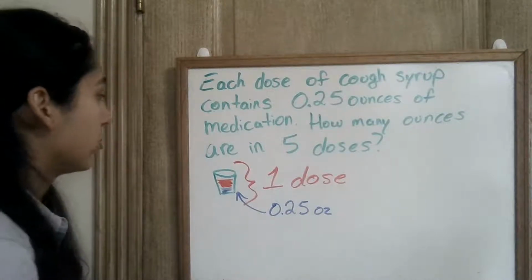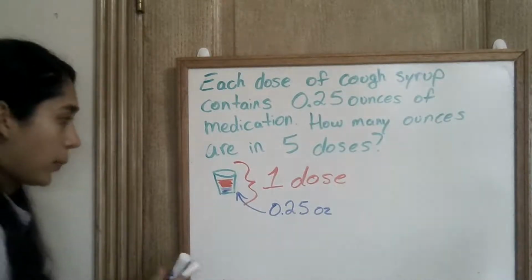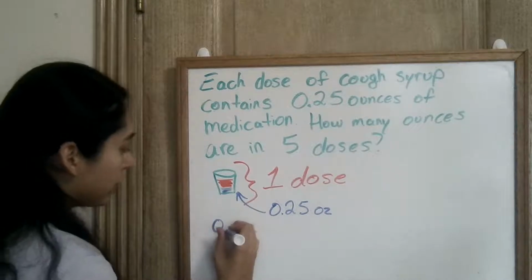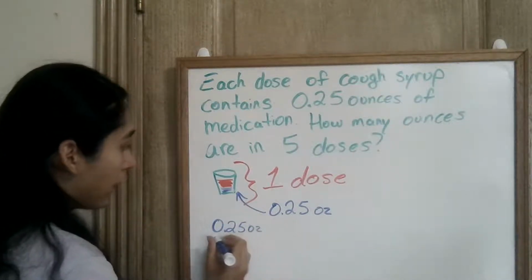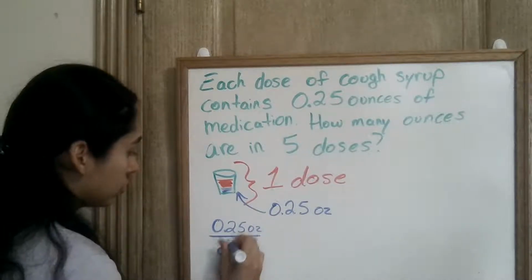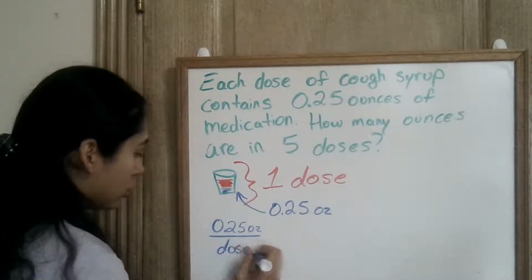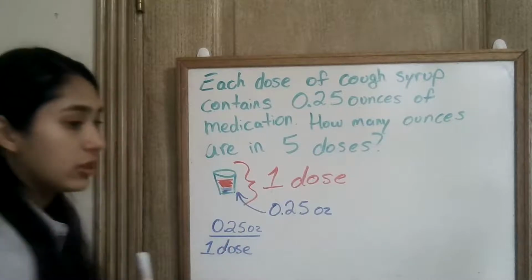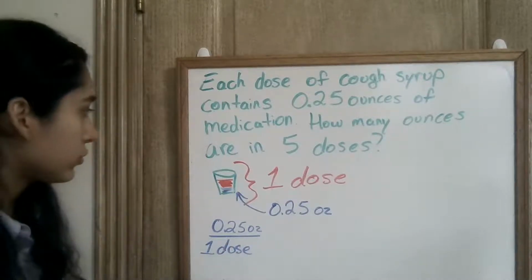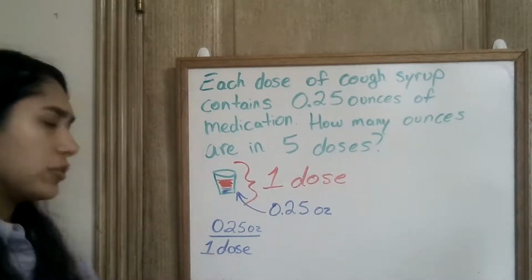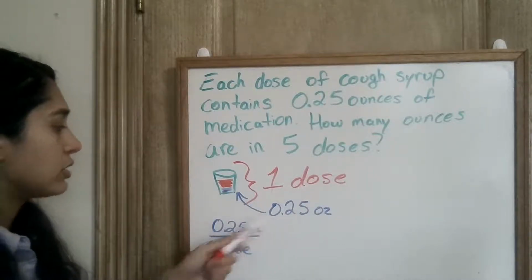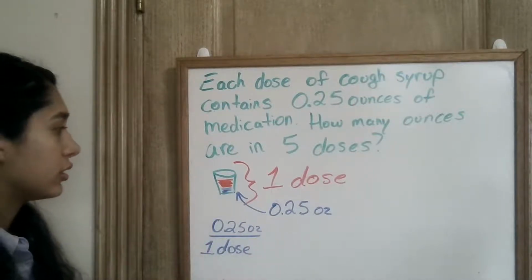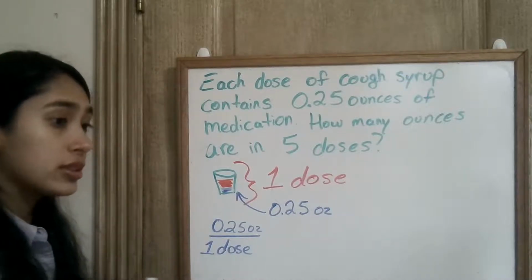So to write this out, we have 0.25 ounces per dose, for a single dose. So you might wonder, well, why is the ounces not the denominator instead? Always think conceptually.